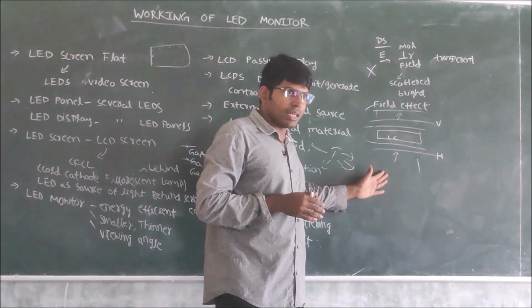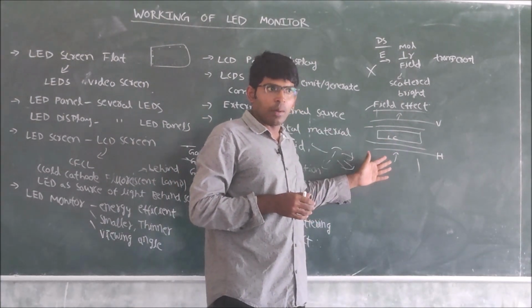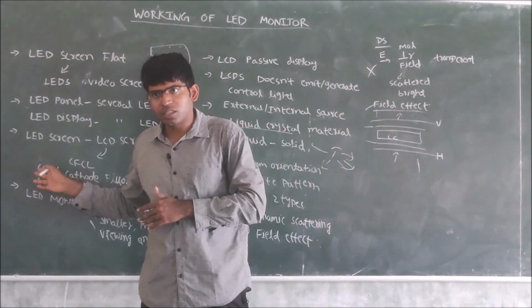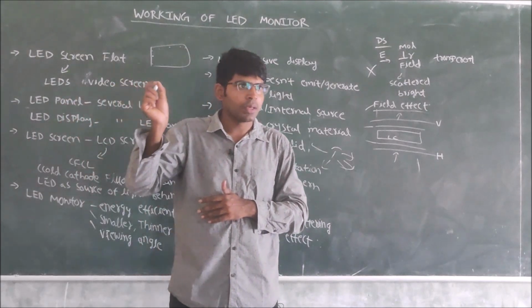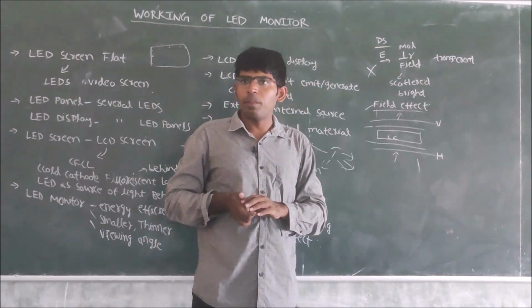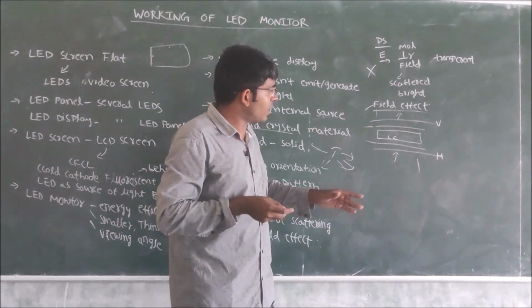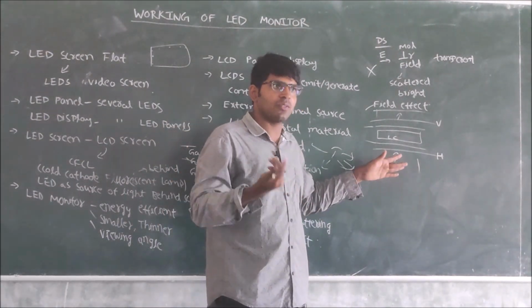Now in this LCD screen, the working is the same, but for the light we are giving, instead of CCFL lamps, we are using LED bulbs, small LEDs. These LED lamps we are using for the generation of the light.